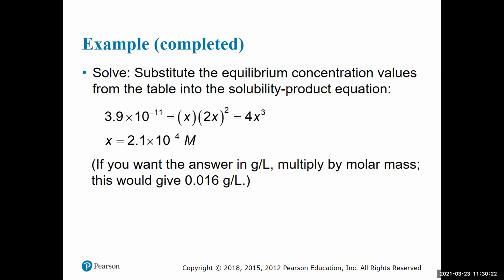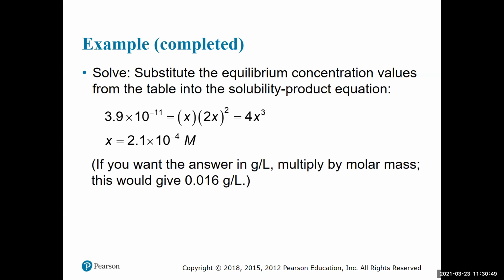Hopefully nothing there was too strange to you, but I will point out one thing on this problem that you should make sure you know how to do. If you have 4x cubed equals 3.9 times 10 to the minus 11, do you know which buttons to press on your calculator? Because you're finding a cube root there, okay? I'm not certain if we've had to do that yet this semester.